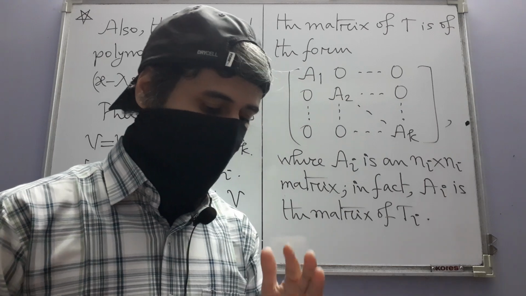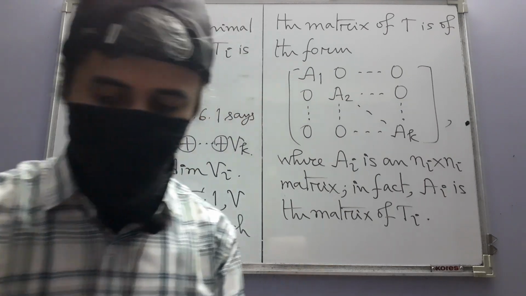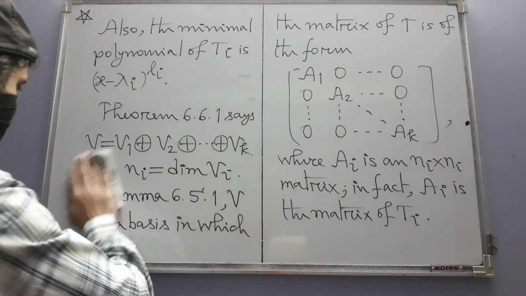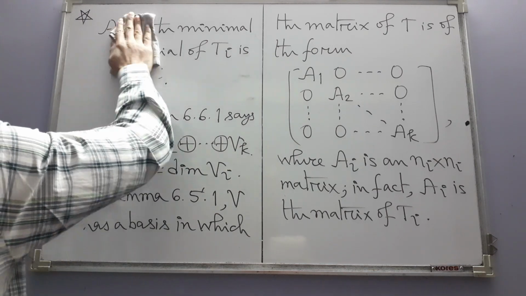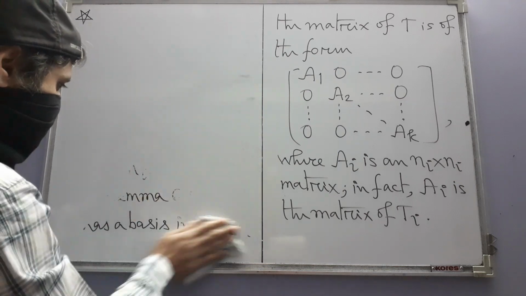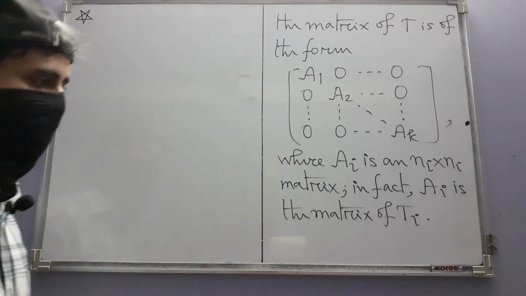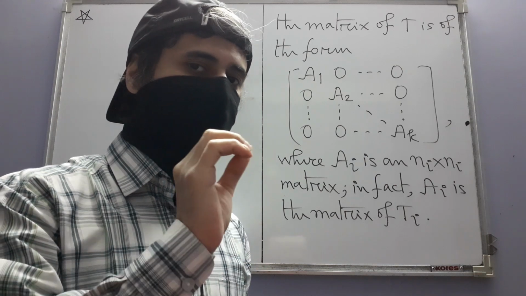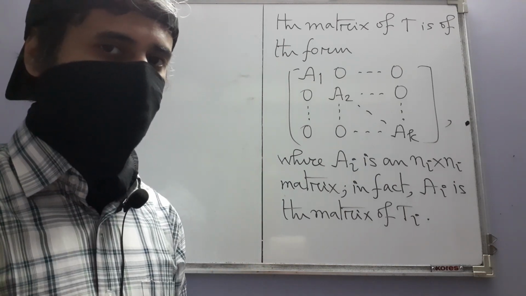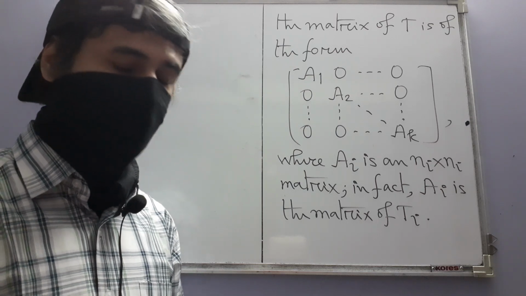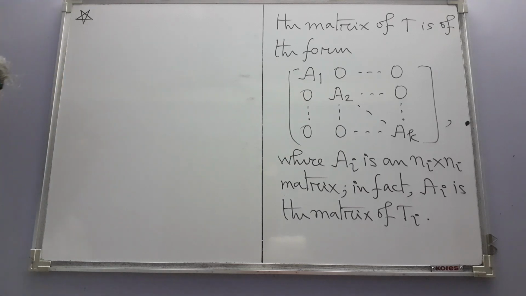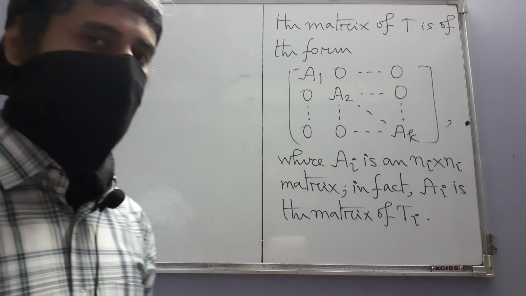Okay. Now, what are we going to do with this information? The ultimate aim, of course, is this. See, if you have a vector space and on that you have a linear operator, what is it that you want to know about the operator? Its eigenvalues, characteristic roots and characteristic vectors. Now, this in general may be a very difficult task.